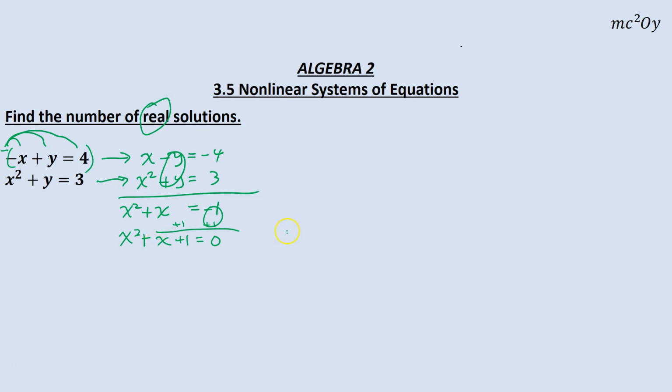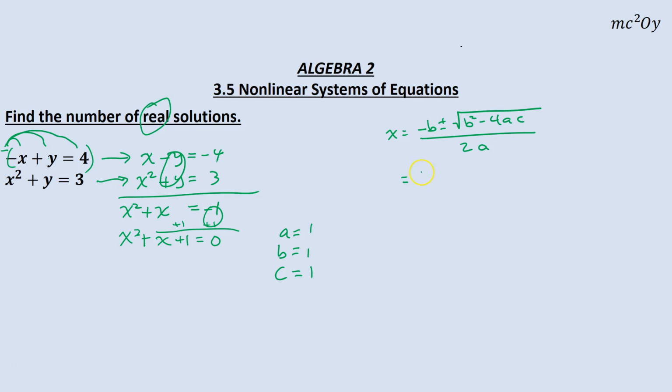So I'm going to list a, b, c. Okay, and a is 1, b is 1, c is 1. That makes it pretty darn easy. Okay, and then I'm just going to solve. X equals opposite of b plus or minus square root of b squared minus 4ac all over 2a.